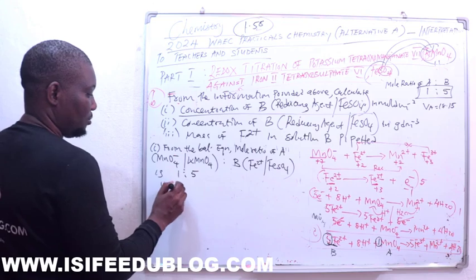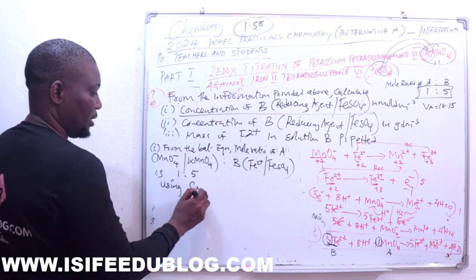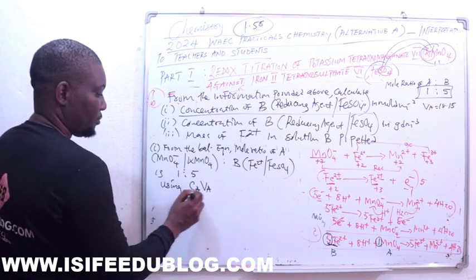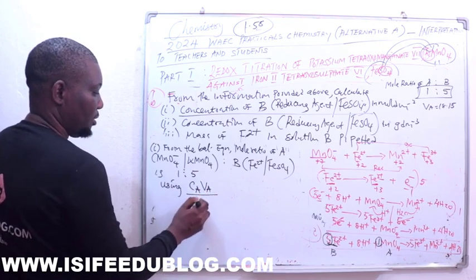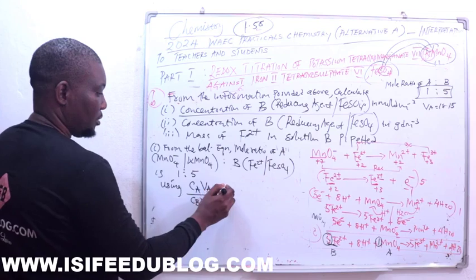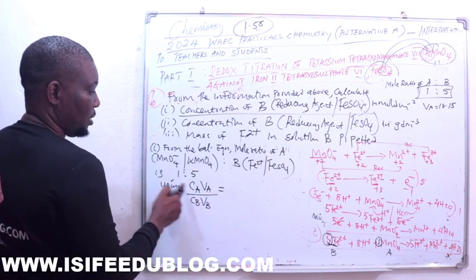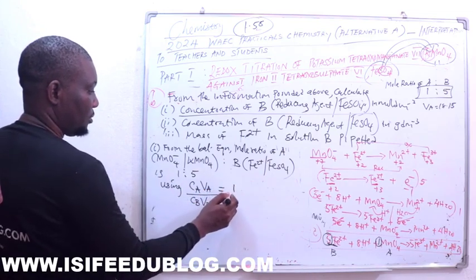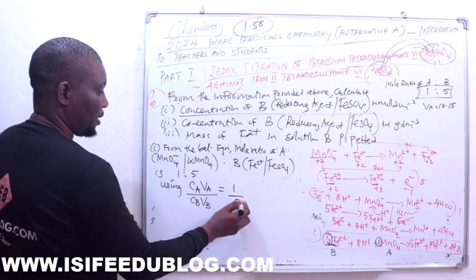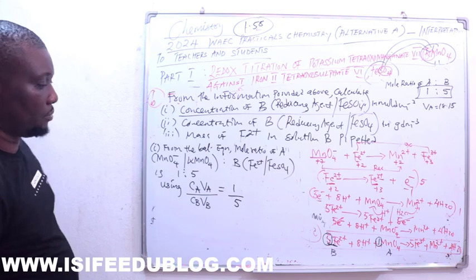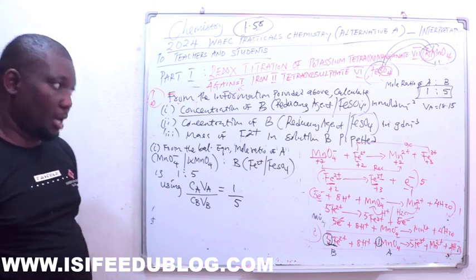And let's use CAVA all over CBVB equals the ratio of A to B, which is 1/5. Are you with me? Okay.